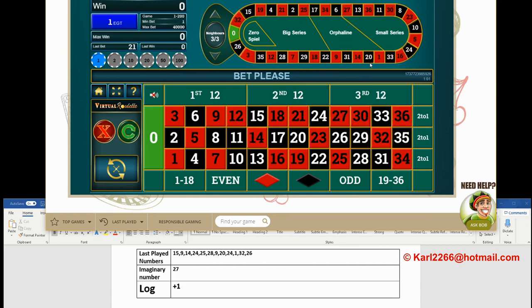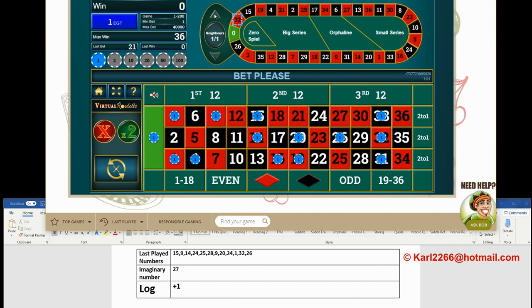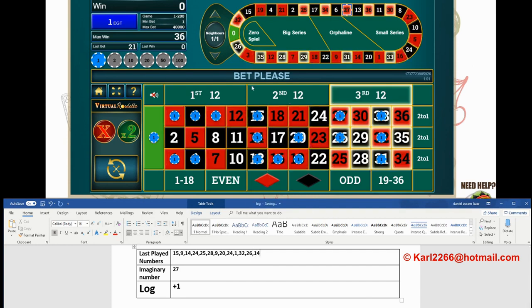So we place bets on 20 and 32. And when we got 27 as imaginary number, we just place one neighbor left and right from 27. And the new winning number after 26 is 14, which is a win, it's near 20.